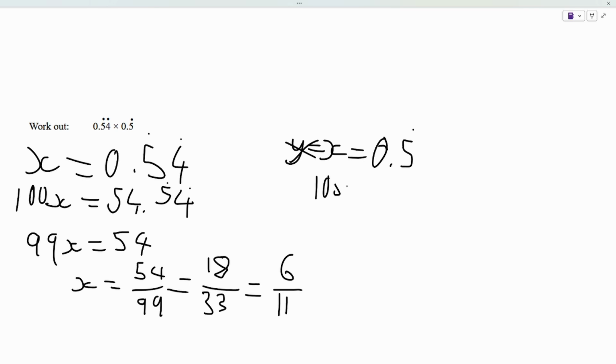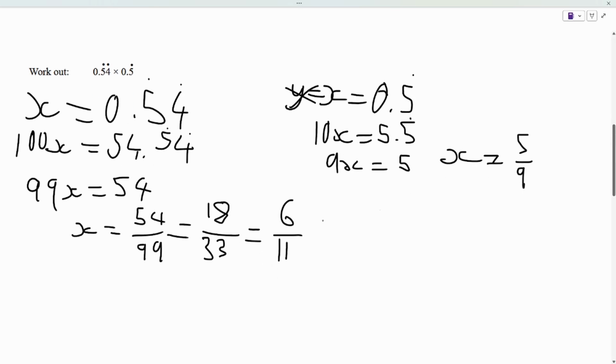So 10x equals 5.5. So 9x equals 5. x is 5 over 9. So then we get our recurring decimals as fractions, so now we can multiply them.